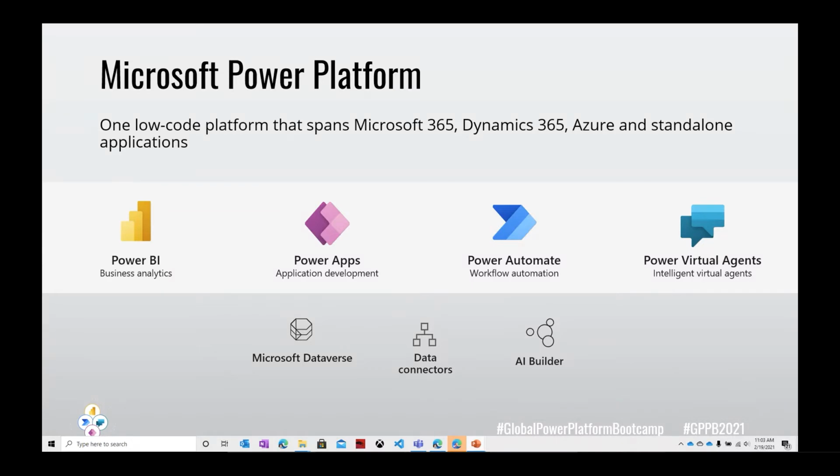So if there's no connector available, you can create your own custom connector. AI Builder, which allows us to leverage artificial intelligence in a low code manner. At the back end, AI Builder does leverage the Azure Cognitive Services, but it's encapsulated and provided in a much simpler interface fashion so we can interact with it and quickly use it in apps and flows.